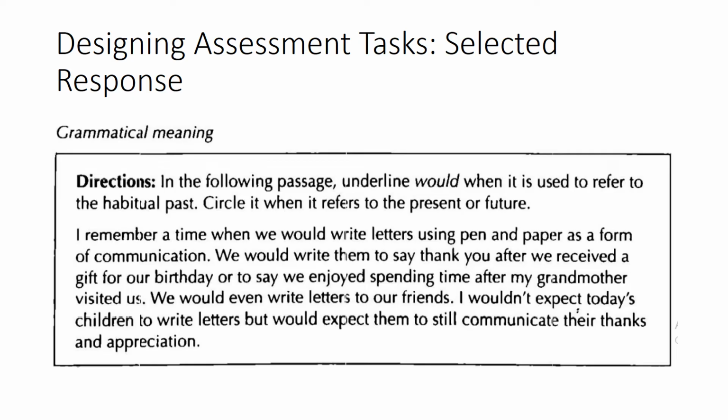You see here, the teacher is identifying for them the form of the grammatical structure that he wants them to discriminate, to select, to notice in this passage, and he wants them to do that depending on certain meanings for this grammatical form.